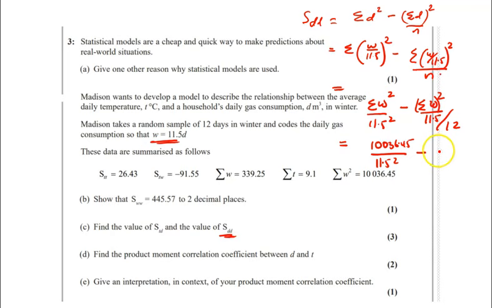The summation of W all squared is over here, 339.25. You divide this by 11.5 squared as well, because you open the bracket. Now all of it over 12.